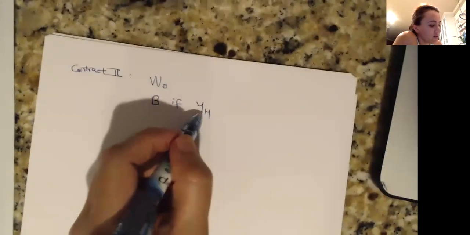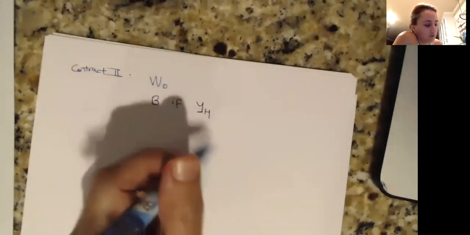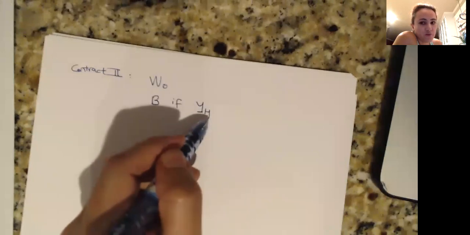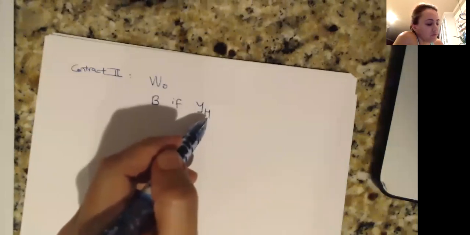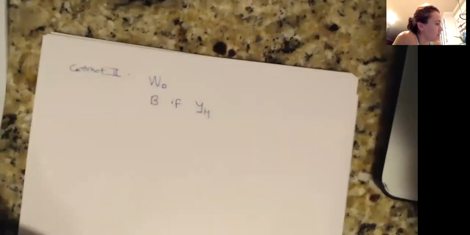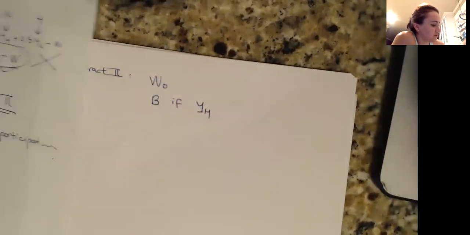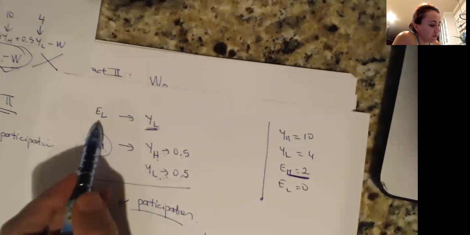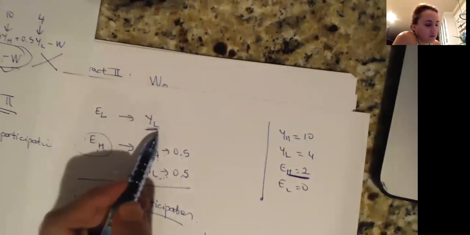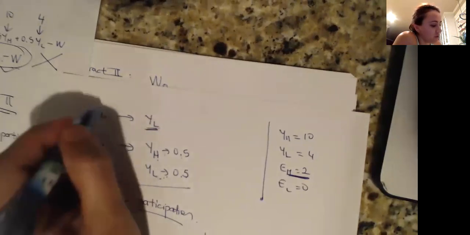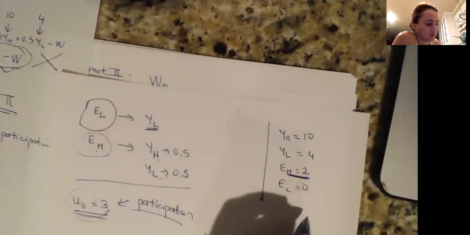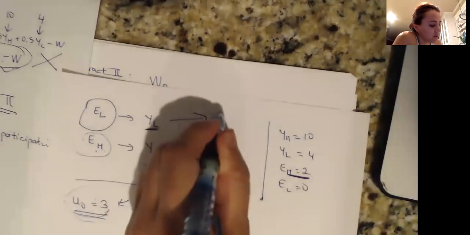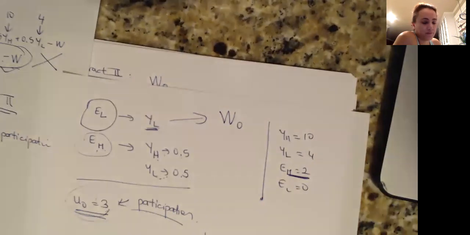If I see YH, what do I know? If output turns out to be high, I know that the worker chose high effort, right? Because if the worker chooses low effort, I will definitely get YL. So if you are a low effort person, you will be paid only W0.